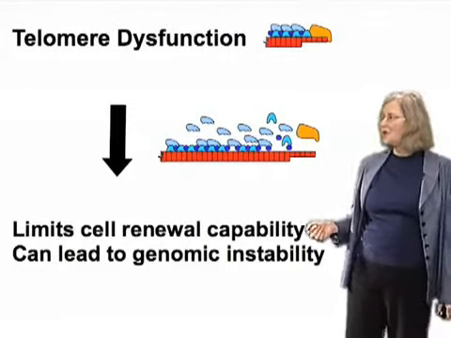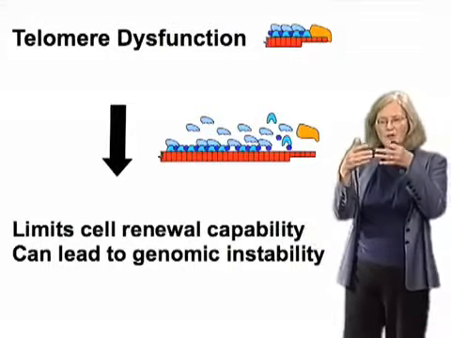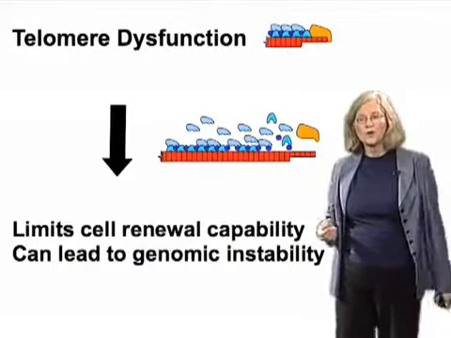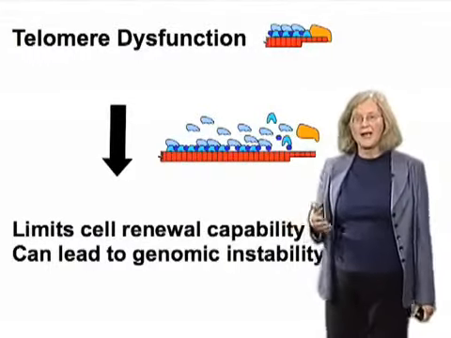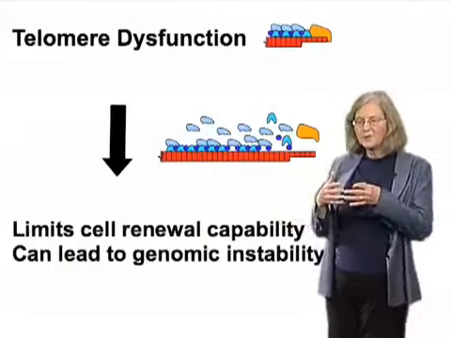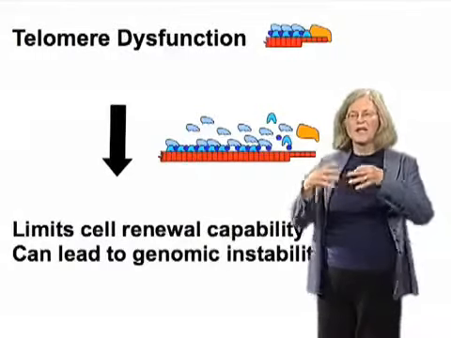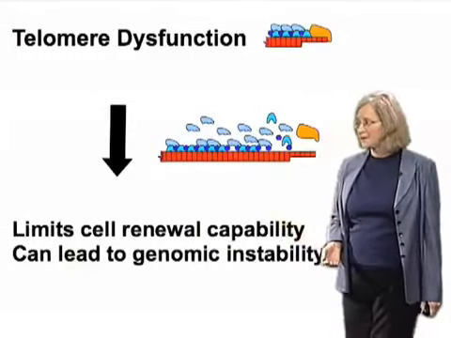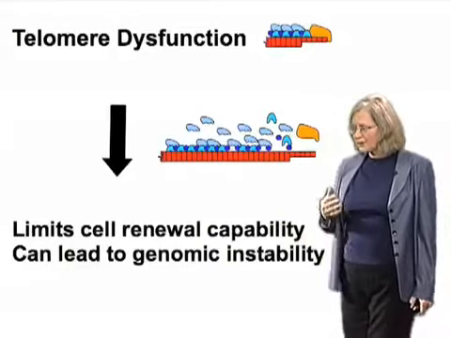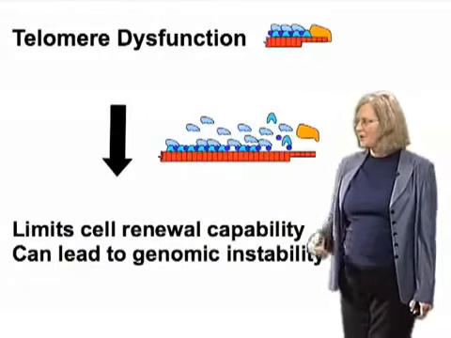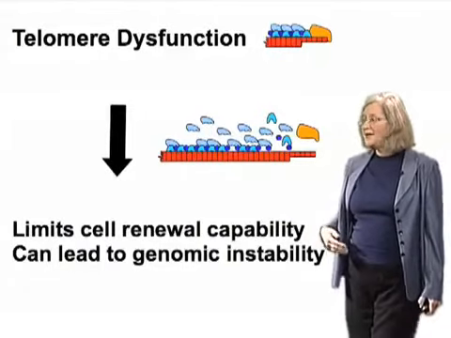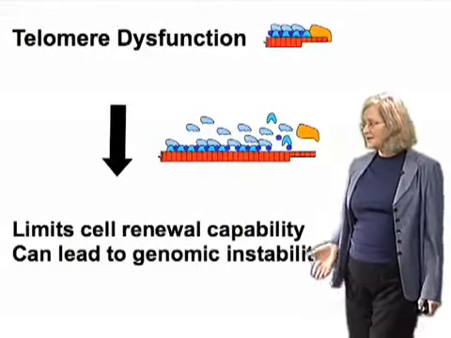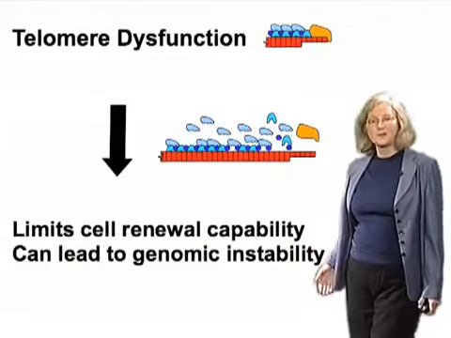And that can lead to genomic instability, because the end-to-end joining of telomeres to themselves, other telomeres that is, or to broken DNAs, can cause the chromosomes which fuse to each other to tear themselves apart as the cells divide, leading to genomic instability. So clearly, telomere function is very important for cells. And in fact, one of the consequences of genomic instability in human cells is that the cells can become cancerous.